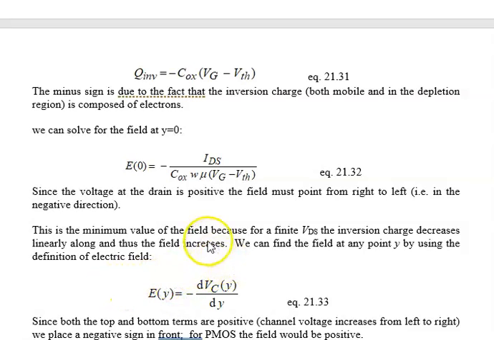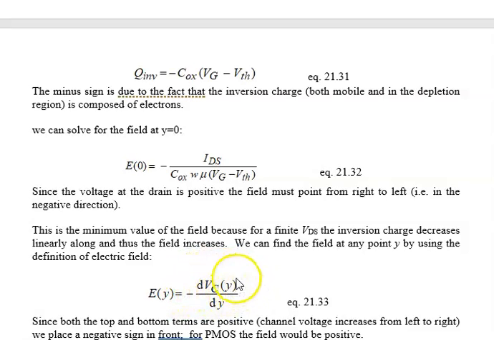Okay, so we can find the electric field at any point y simply by taking the derivative. The derivative of the voltage is the electric field. That's what we've been doing for a long time. Volts per centimeter. That's how we measure electric field. Now the channel voltage increases along the channel as we go from the source to the drain.